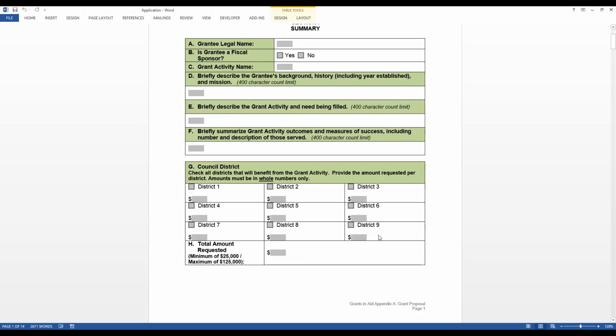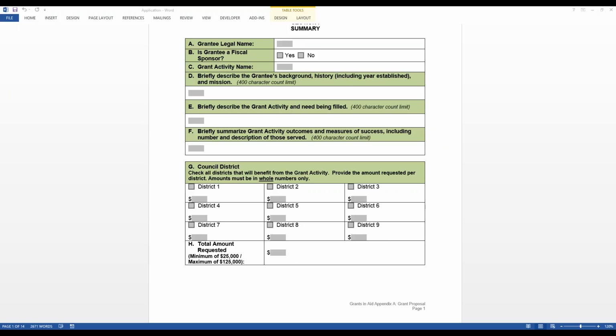So again, you should have some analysis and rationale why you allocated this much to this and that district. Okay, moving on.